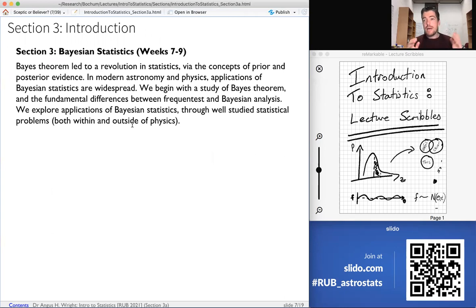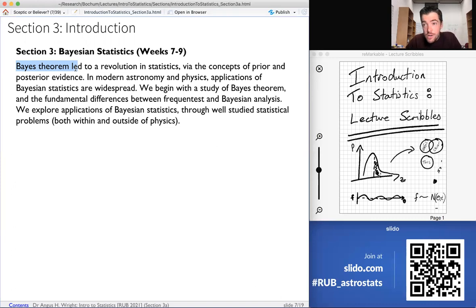Okay, so that brings us to the beginning of today's lecture, our lecture about statistical inference with Bayesian statistics. What we're going to be talking about for the next few lectures is something called Bayes' theorem, and what Bayes' theorem means for statistics and for statistical inference.